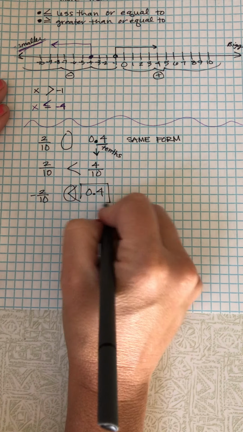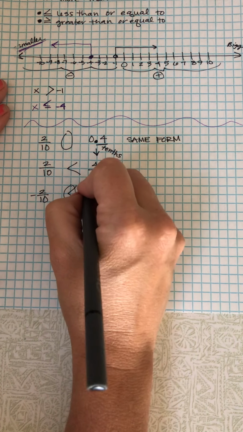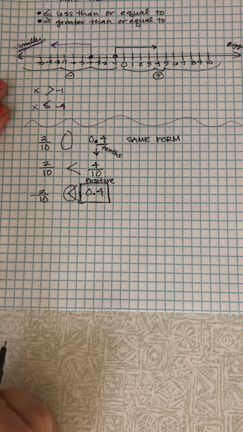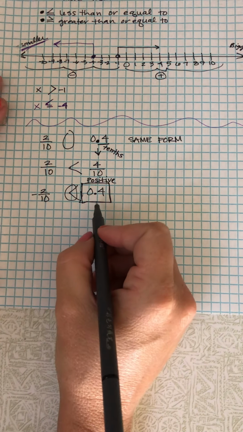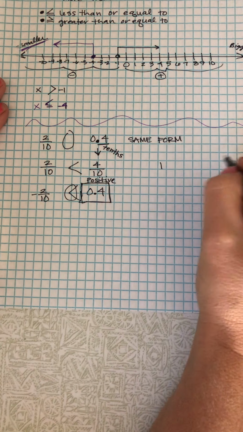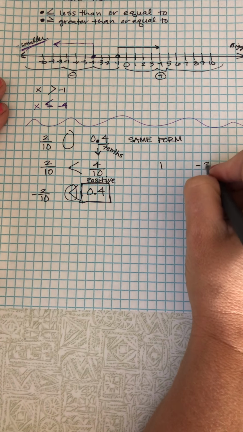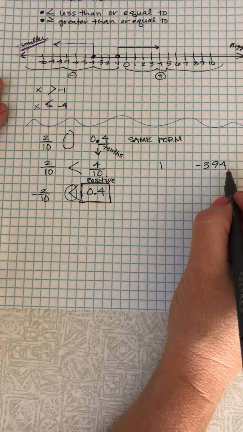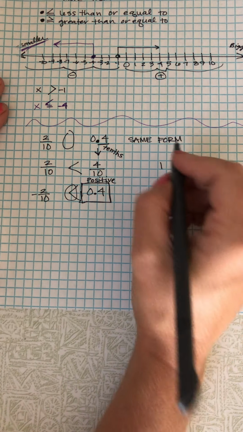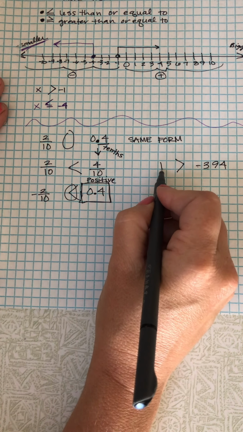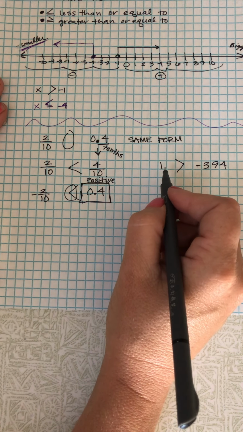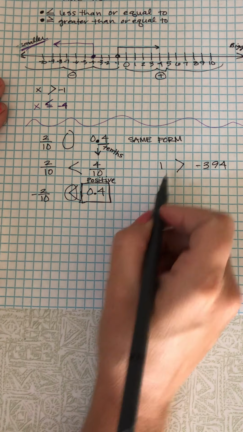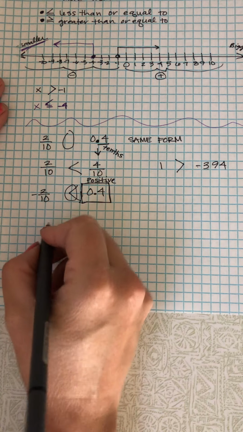All positive numbers are bigger than any negative, right? We could have a positive 1 compared to negative 394. 394 is a bigger number, but because it's negative, that makes the 1 bigger because it's positive, okay? Big side goes to the bigger number.